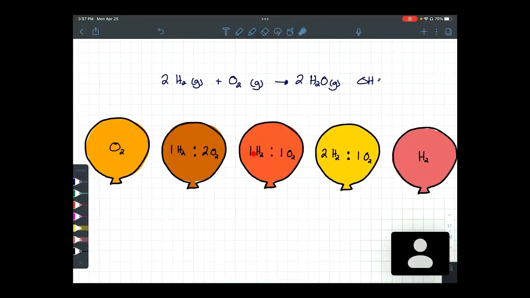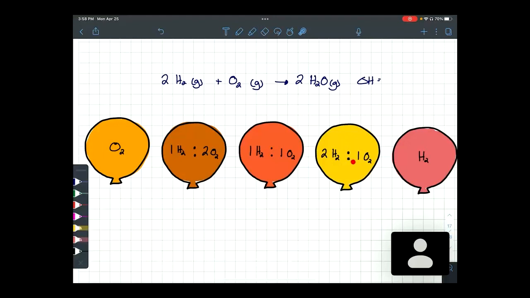So once we go 1 to 1, are we still at the optimum mixture? No, we're not. So when we do the popping, it'll still go boom, but not as much. What Angie told me is that it goes pop, boom, boom, then huge boom, and then something else happens. But in the one where we have twice as much hydrogen as oxygen, this is the correct ratio.